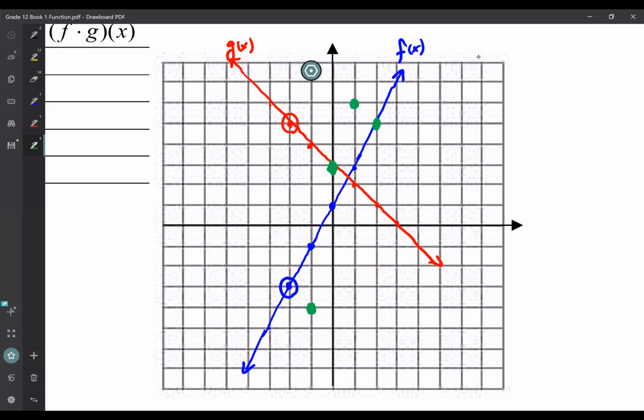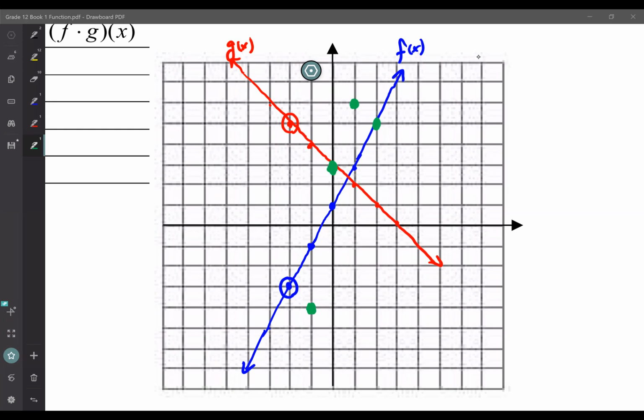Emily, have you found another point for us? I got another one, but it goes off the graph. Which point is that? -15. Negative 15 for x equal to what? What's the x value? -2. x equal to -2.